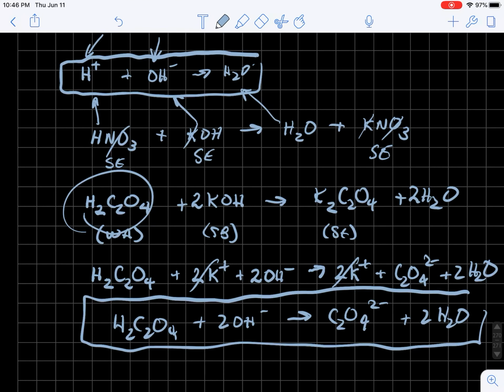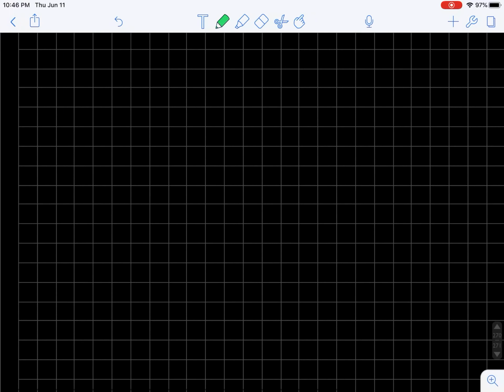All right, so let's try one real quick here. Write the Ka expression for acetic acid.